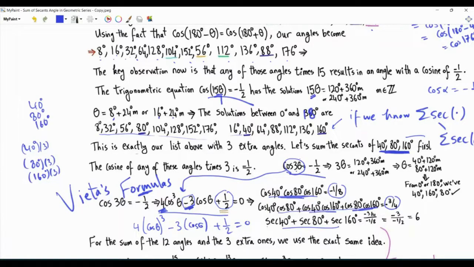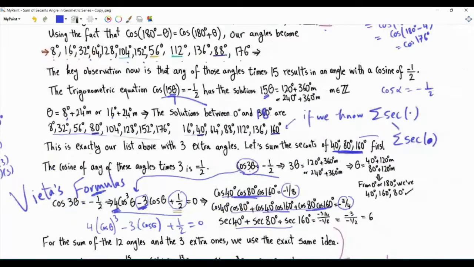And so we ask ourselves what are the solutions to the trigonometric equation cosine 3 theta is equal to minus 1 over 2 in the range between 0 and 180 degrees. Those are indeed the solutions. Those are the three angles that if we multiply by 3, we get a cosine of minus 1/2.